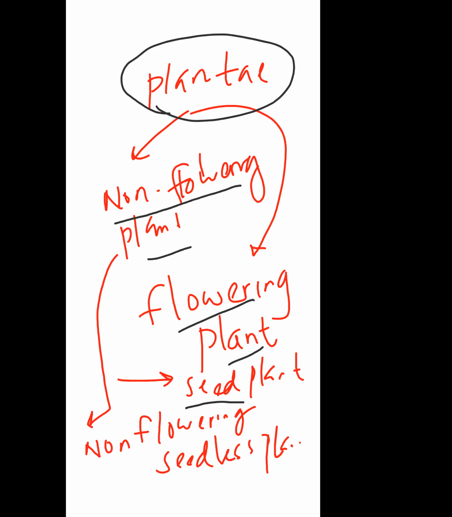Non-flowering plants: seed plants and seedless plants. Among non-flowering seedless plants are Salvinia and Selaginella. Seeded plants are Cycas and Pinus, but they cannot make flowers.